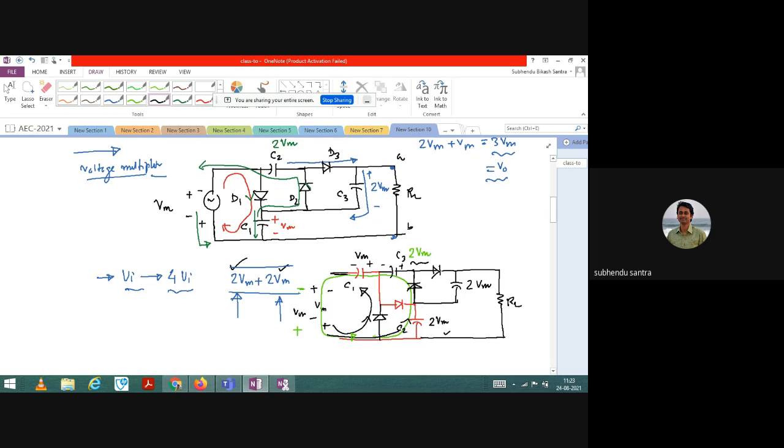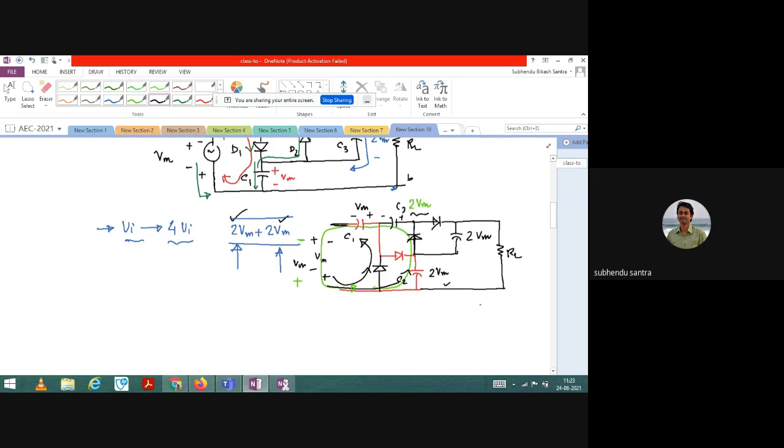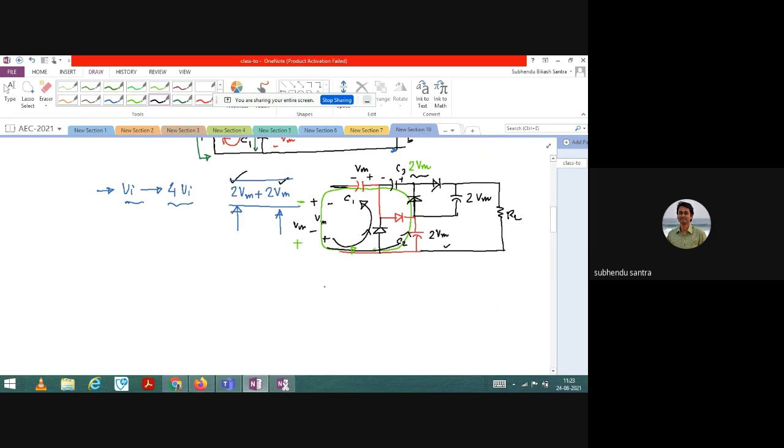That is RL. So finally, what is the circuit diagram? The circuit diagram is like this. You have a capacitor here. You just charge the capacitor in the opposite direction, and then you discharge it to another capacitor. So simple. You put a diode to make it forward biased, and then you put one capacitor here to make it 2 Vm, and then you put the 2 Vm through one diode into one capacitor here.